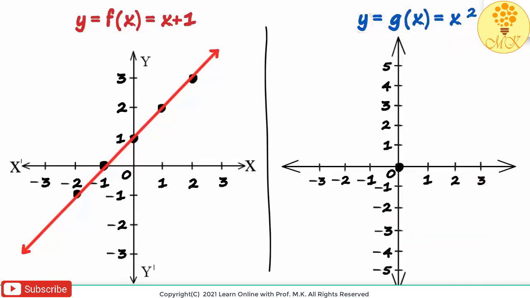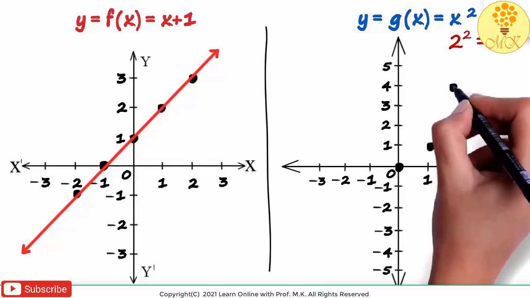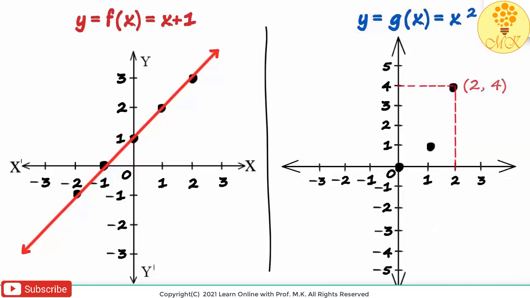The point will be (0, 0). If x is 1, then y will be 1 squared, which is also 1. So (1, 1). If x is 2, then y will be 2 squared, which is 4. (2, 4). It's interesting. It's definitely not a straight line.